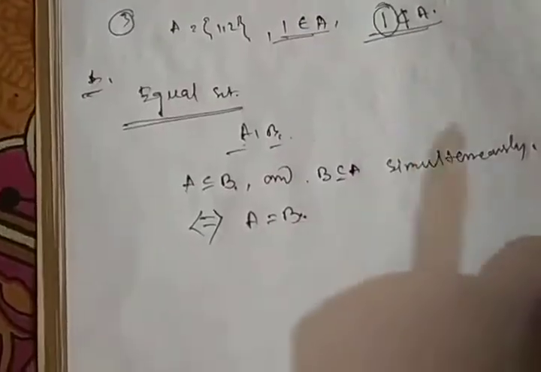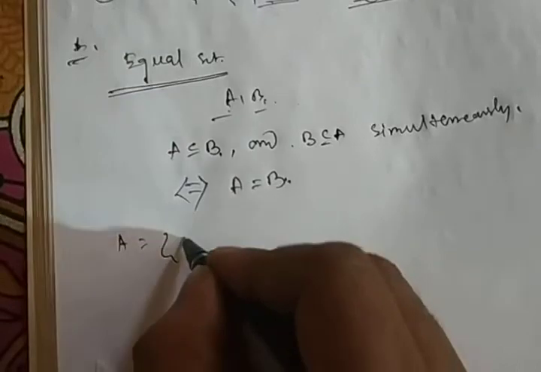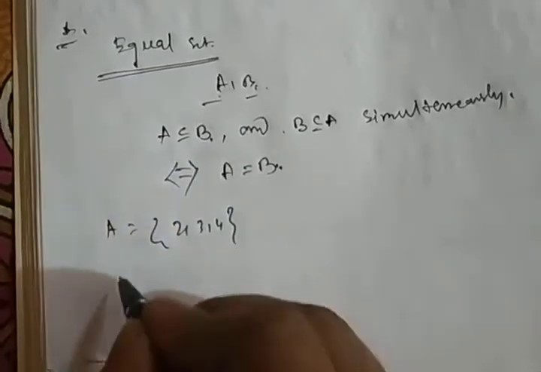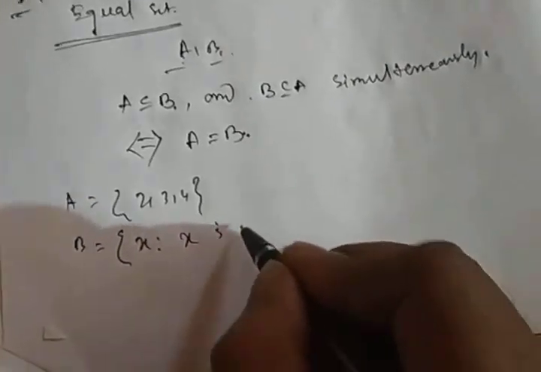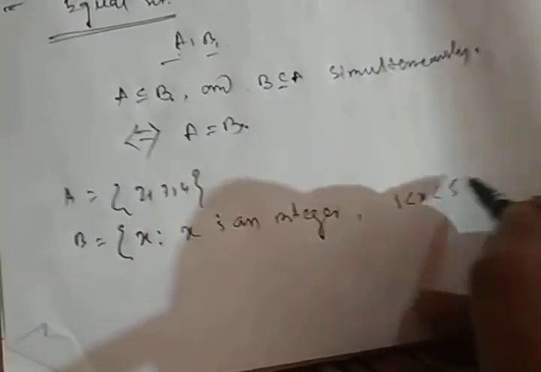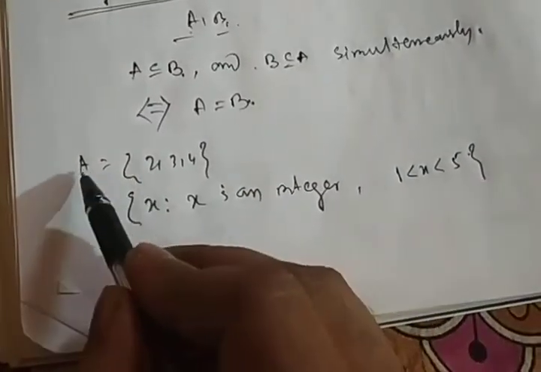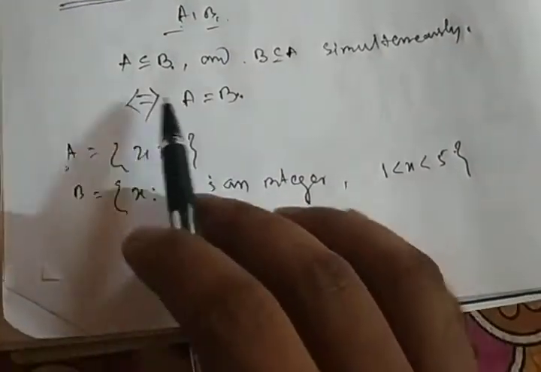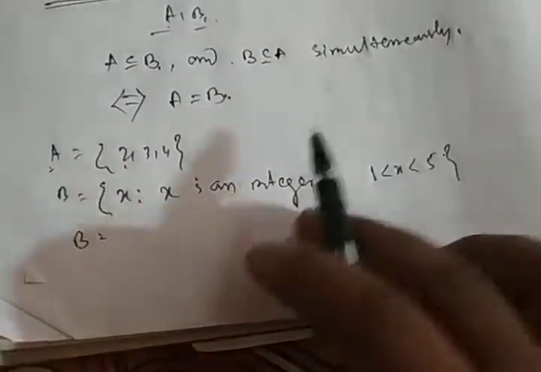As an example, A equals {2, 3, 4} and B equals {x such that x is an integer and 1 < x < 5}. B is given in the set builder form.